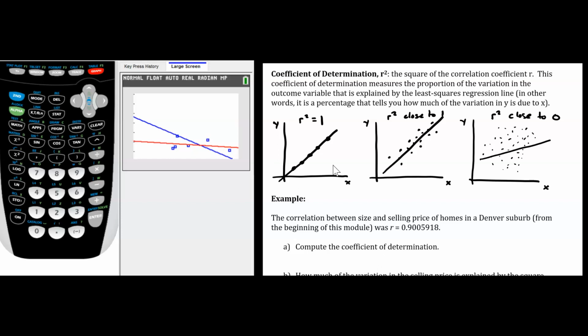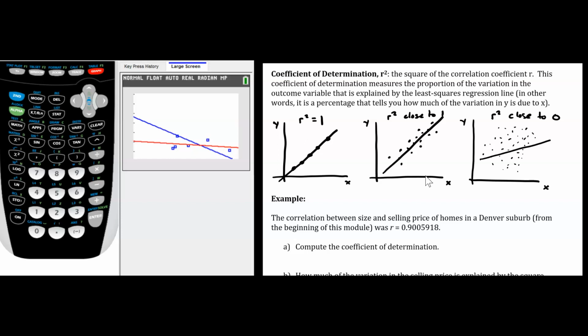If you take a look at this first picture, you can see that all of the points are falling perfectly on that regression line. So in this case, the regression line is perfect at capturing the variation in the outcome variable. So the percentage of the variation in the outcome variable that's explained by the least squares regression line here is 100%. And that's why we would say in a case like this that r squared is equal to 1.